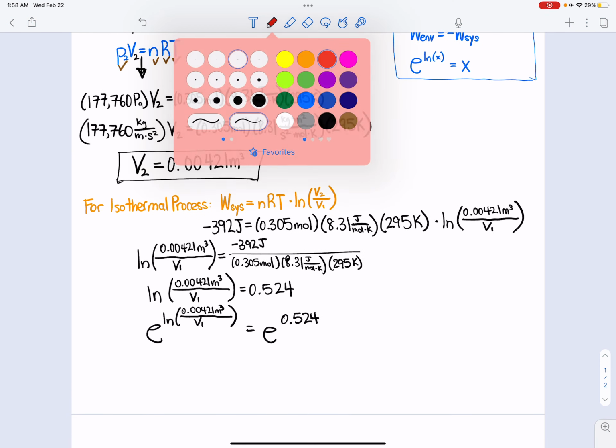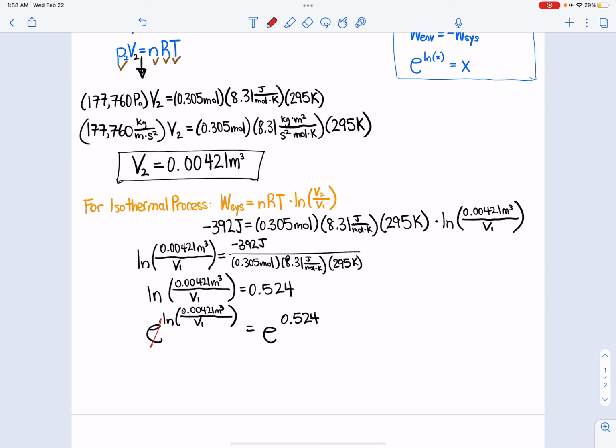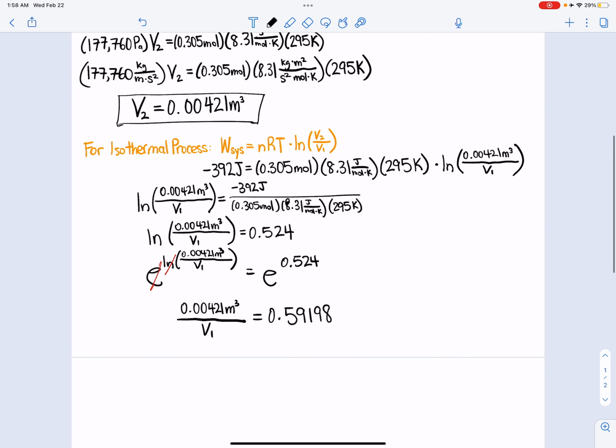And so, as you can see, this will cancel out with the natural log. So I have 0.00421 cubic meters over V1 is equal to, if I plug this in the calculator, e to the power of 0.524 is equal to 0.59198, okay?